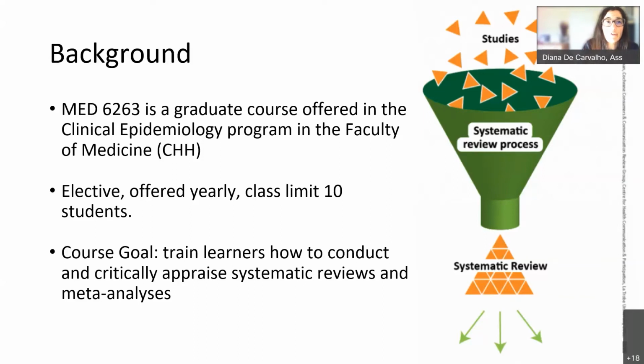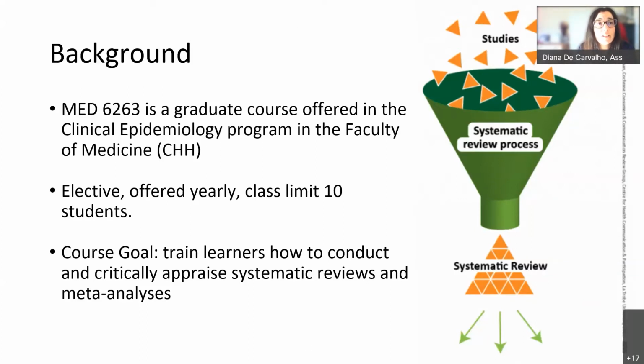I have a little icon graphic on the side there to explain, if you're not familiar with that research design, in just a couple of words. A systematic review and meta-analysis sits at the top of our research evidence pyramid. It involves taking all of the studies that have been published in a certain area and having a very systematic way to approach that literature to answer a very specific research question.